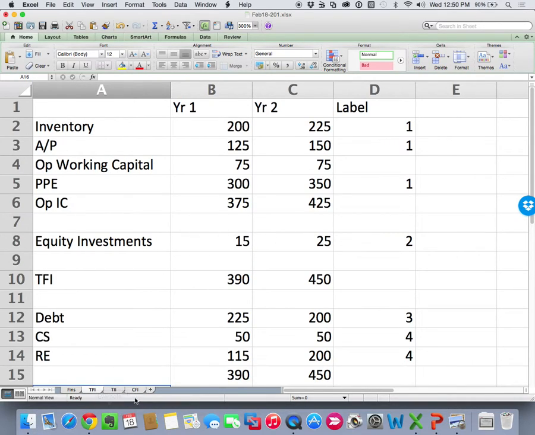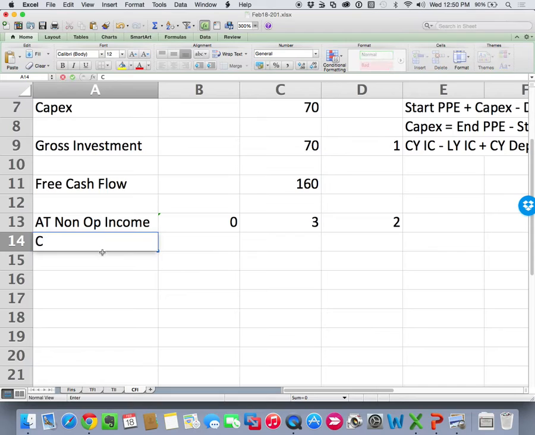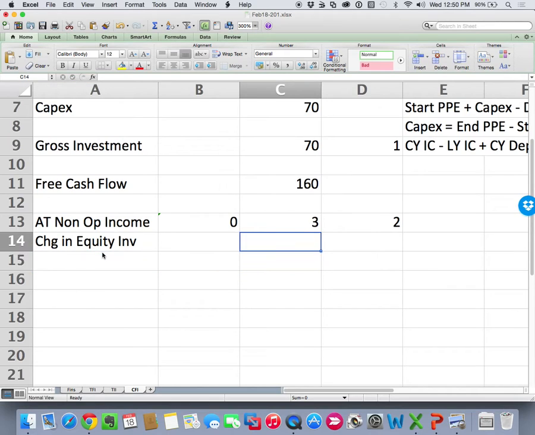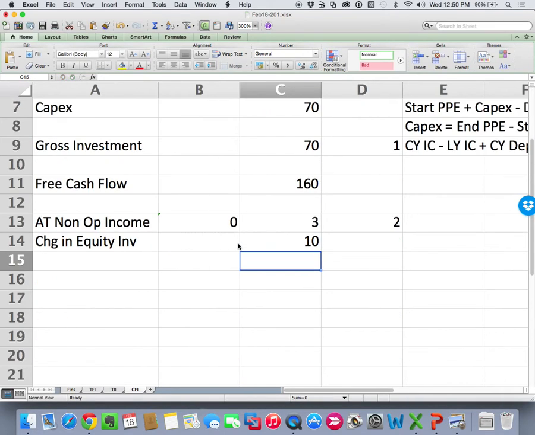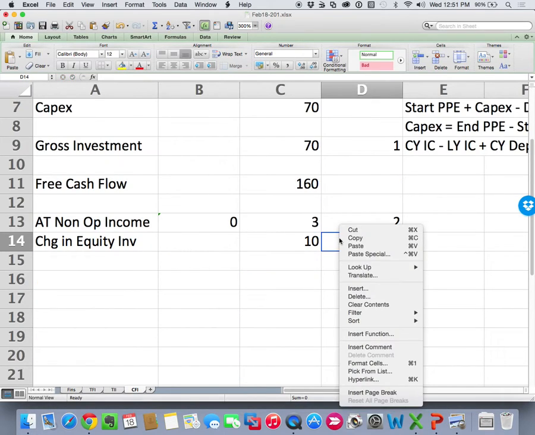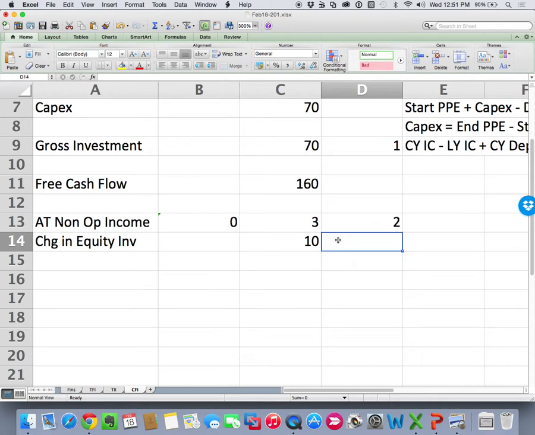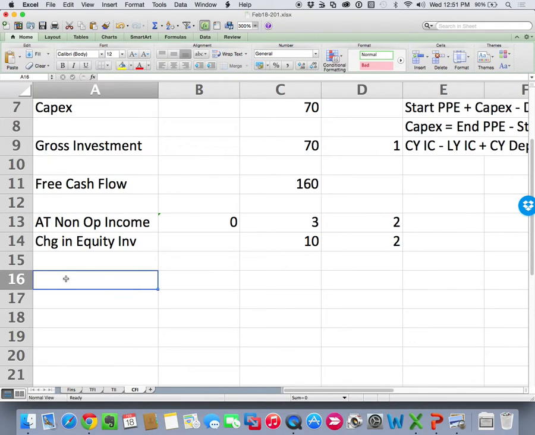I have equity investments. My change in equity investments is 25 minus 15. It went up by 10. And what I'm trying to solve for is CFI, which stands for cash flow available to investors. So the CFI is literally the cash flow that I can pay out to investors.